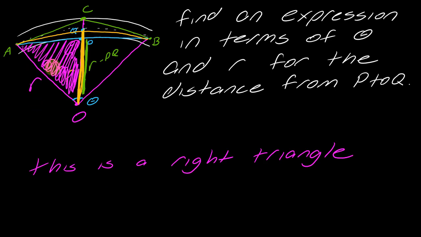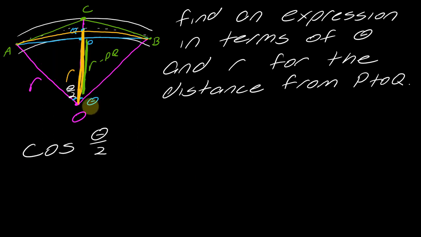So this part here is a right triangle. You see what I'm saying? So once again, we're really looking for where the right triangles are so that we can use a trig function. So now I've got theta over 2 here.